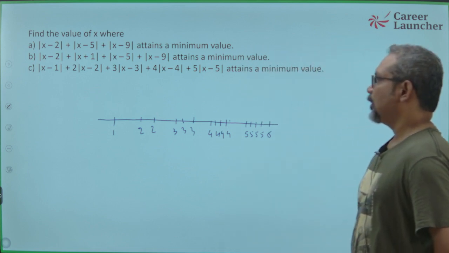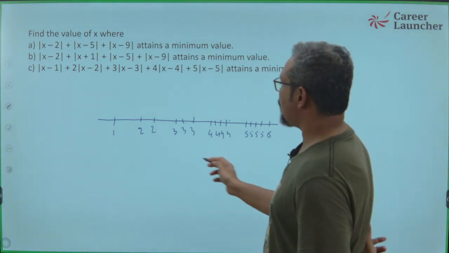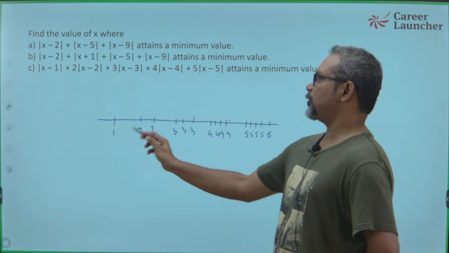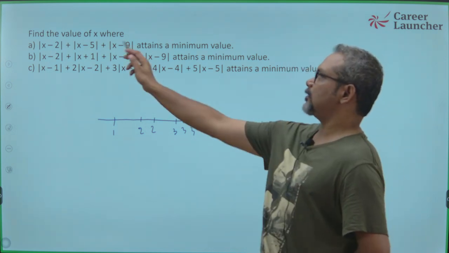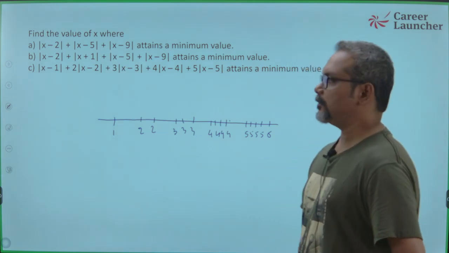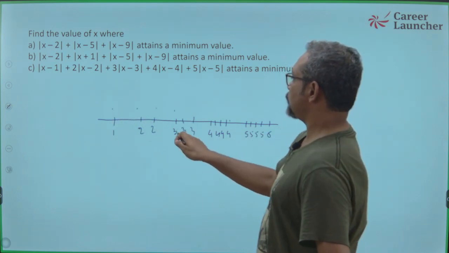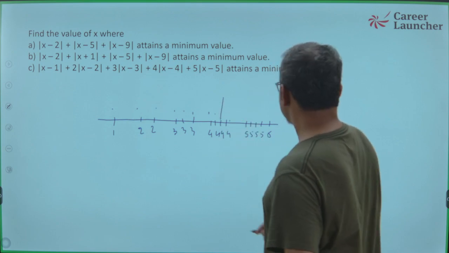We have to figure out the middle point or the middle range. So how many values do we have? We have got 5 plus 4, 9, 10, 11, 12, 13, 14, 15 terms. 15 terms is an odd number like here. So the middle term will be the 8th term.